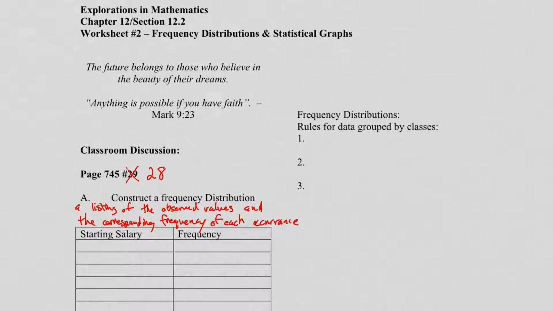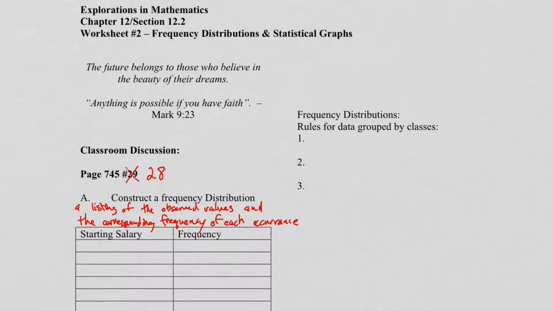Not sure what year this is, but this is a survey of 25 different social workers, a random sample, with no experience, straight out of college. These are the different salaries that they made, and of course it depends on the company that you work for and the area and things like that.